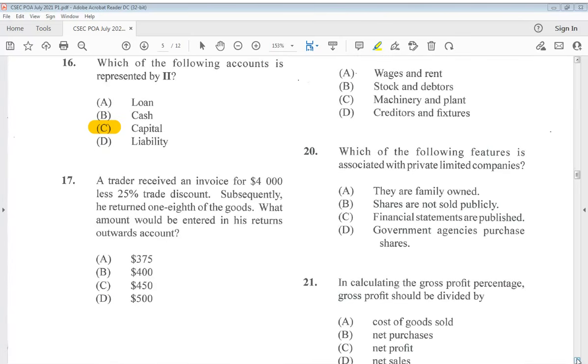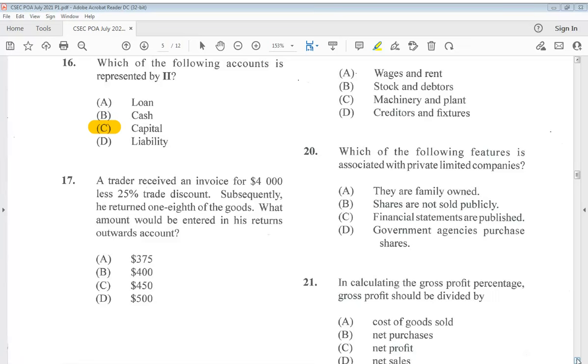A trader received an invoice for $4,000 less 25% trade discount. Subsequently, he returned 1/8 of the goods. What amount would he enter in his returns outwards account? So, $4,000. So we're going to less 25%. 25% of $4,000 would give us $1,000.